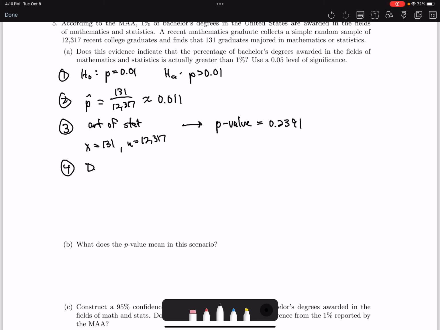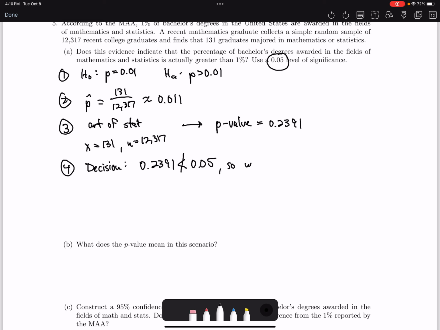So our decision: we compare the p-value to alpha. Alpha in this case is 0.05. Well, 0.2391 is not less than 0.05.